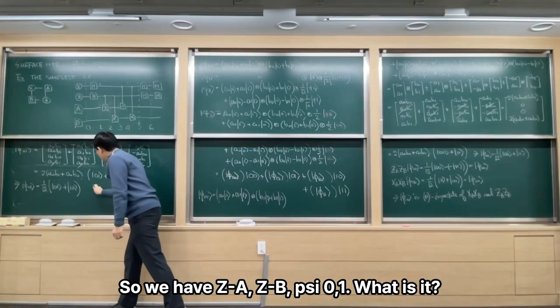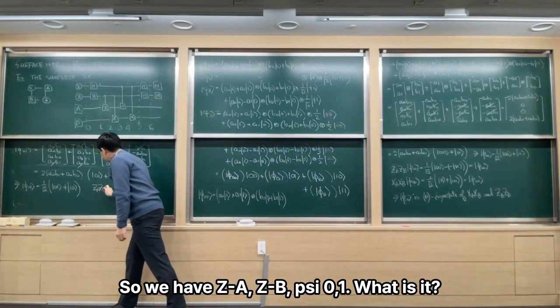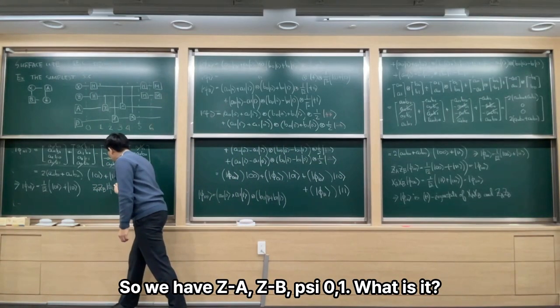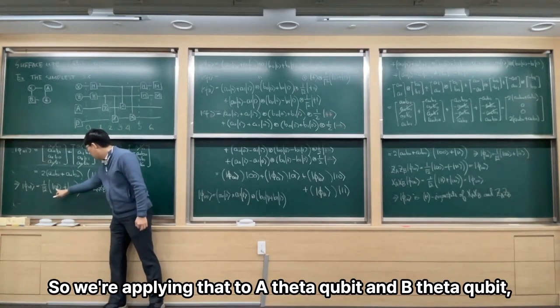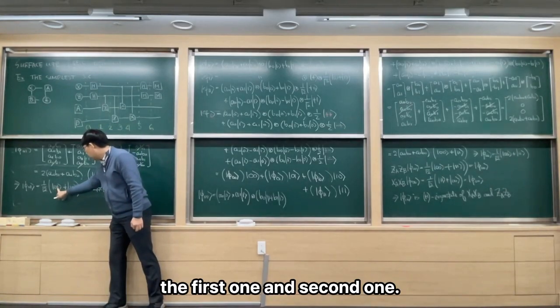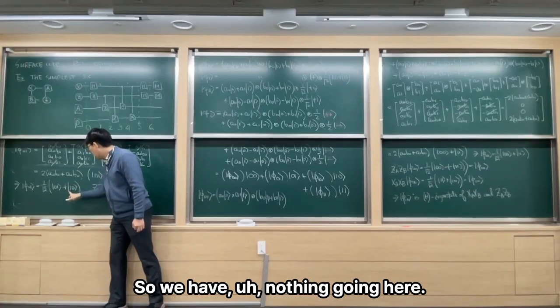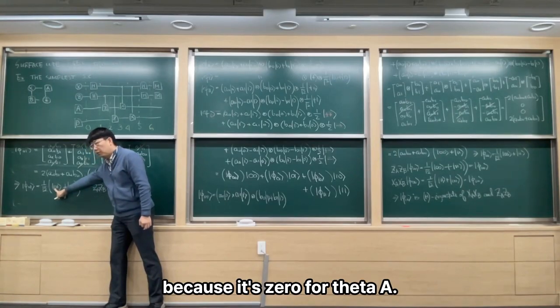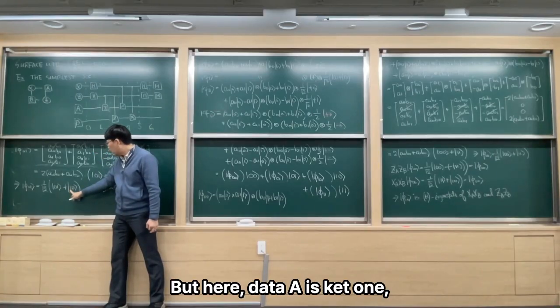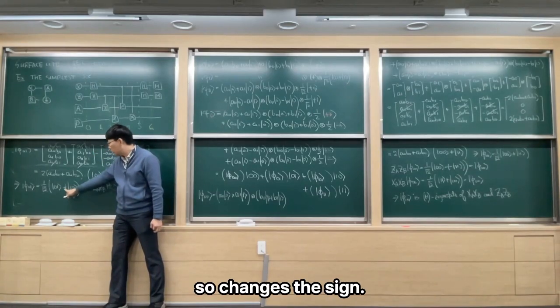So we have ZA, ZB, psi 0, 1. What is it? We're applying Z to the A data qubit and the B data qubit, the first one and second one. Nothing happens here because it's 0 for data A. But here, data A is 1, so it changes the sign.